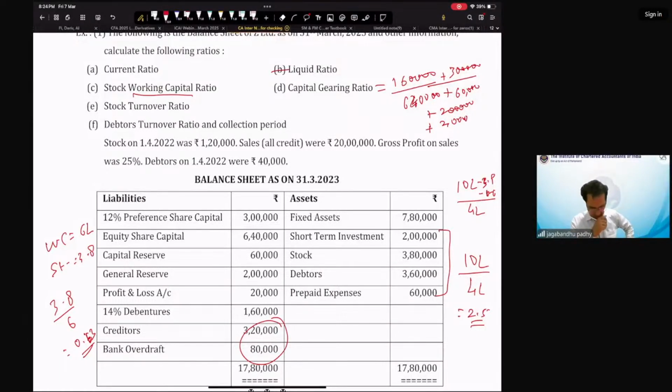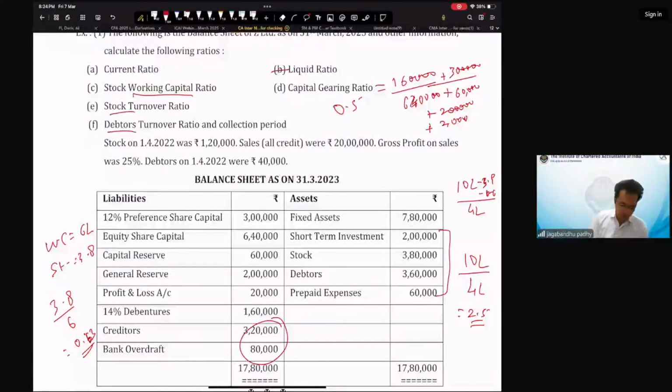How much is this particular number? Capital gearing ratio: 1,60,000 plus 3 lakh is 4,60,000. 4,60,000 divided by 920, so capital gearing ratio is 0.5.